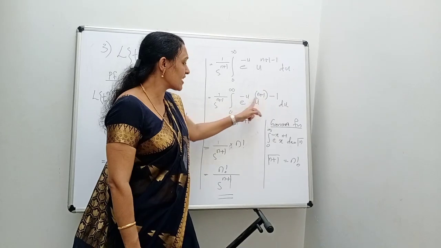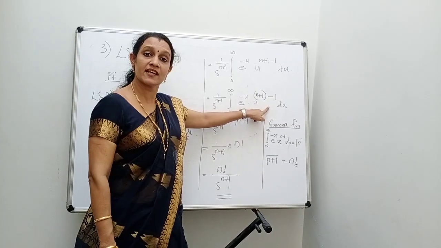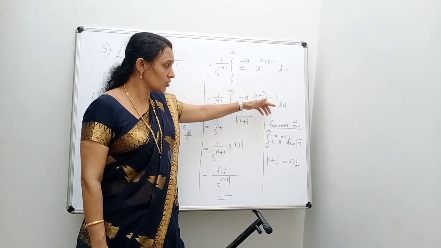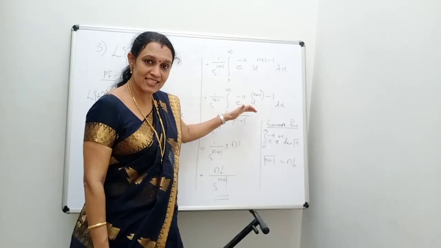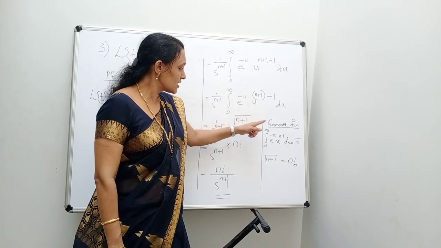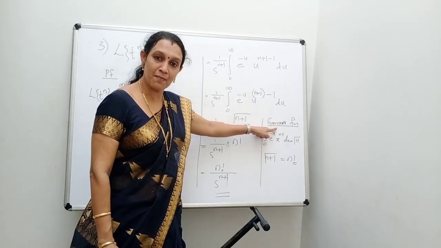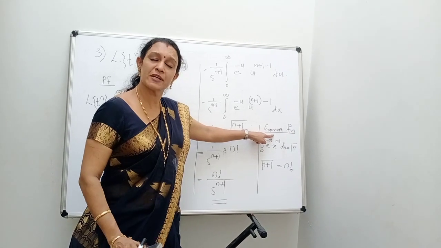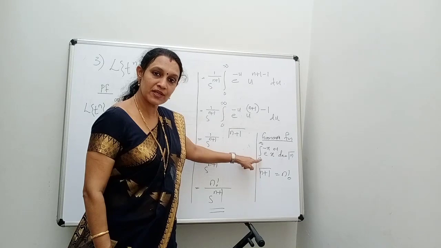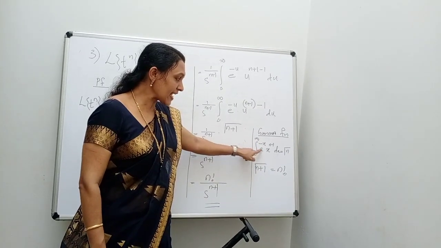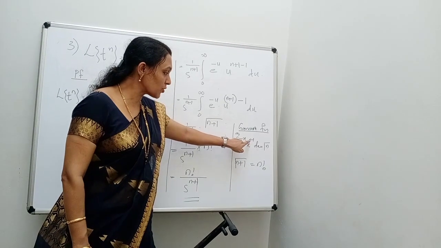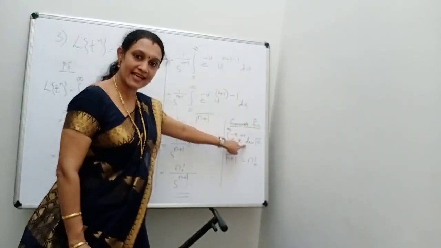See, this integral is a particular type of integral that is called the gamma function. Okay, so in order to move on to the next step, you have to just learn what is the gamma function. See, here I wrote the definition of gamma function. An integral of a particular form. The form is integral 0 to infinity e raised to minus x into x raised to n minus 1 dx.